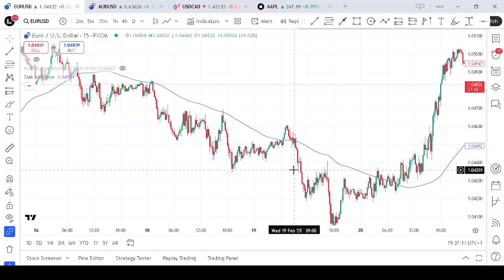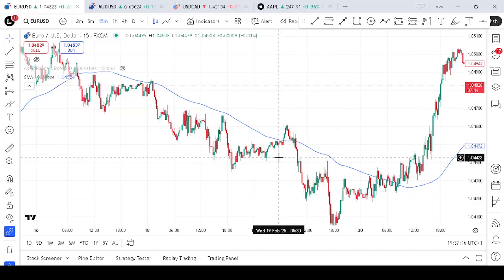Now once you can identify the trend, the next step is to wait for a deep pullback. You have to wait for a deep pullback, and you need to confirm the trend continuation before entering a trade.